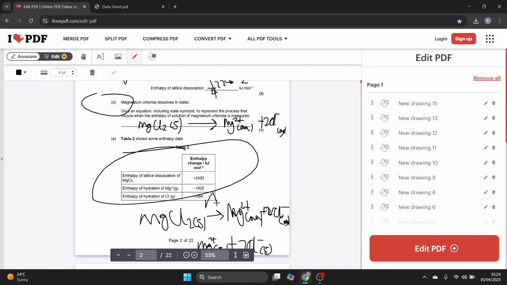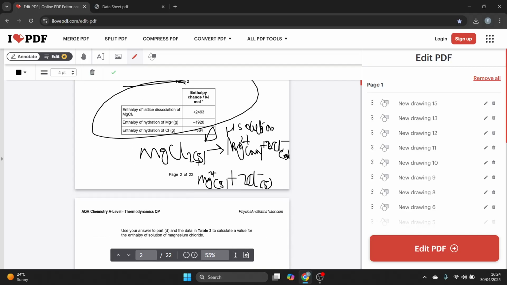Well, that's the enthalpy of solution. I know the enthalpy of lattice dissociation is that. I know the enthalpy of hydration is that.